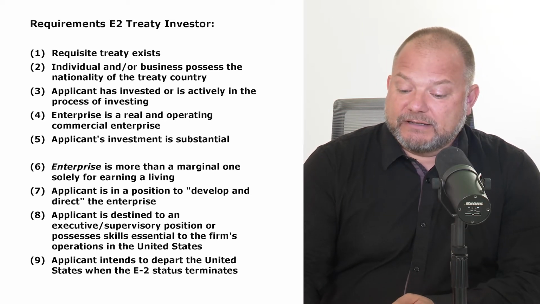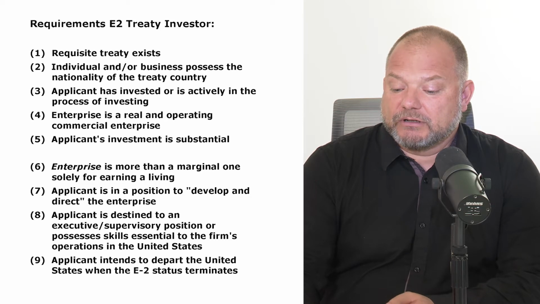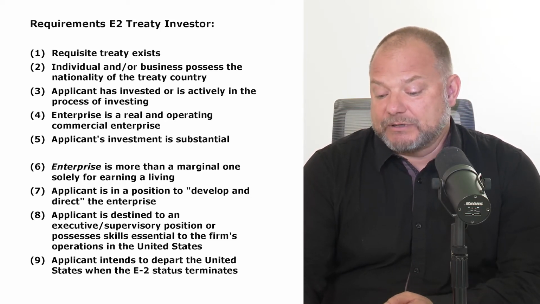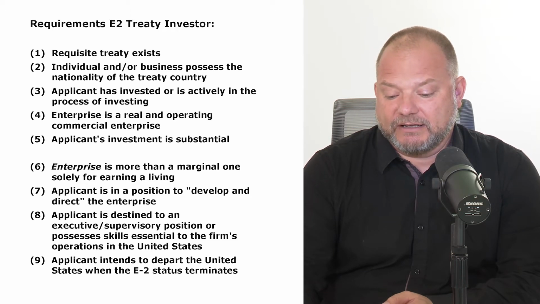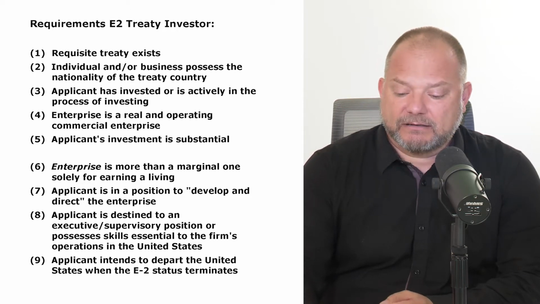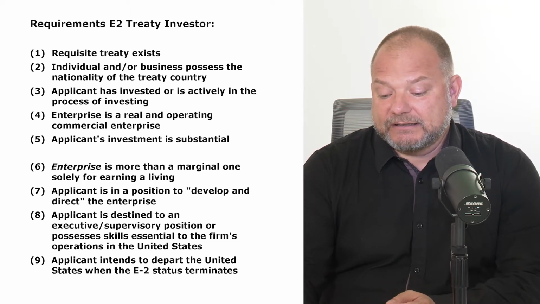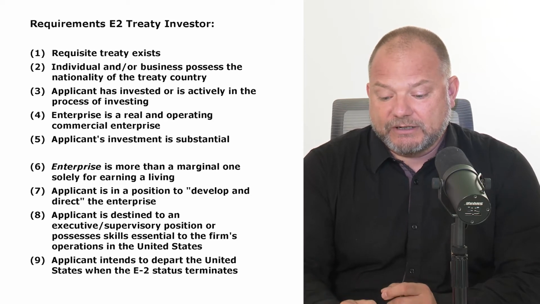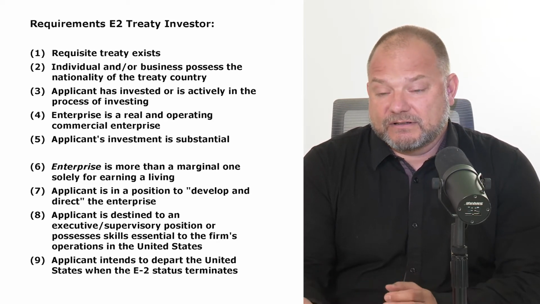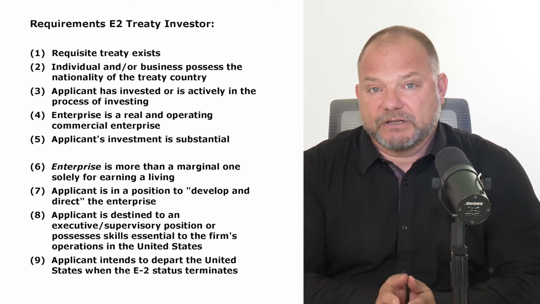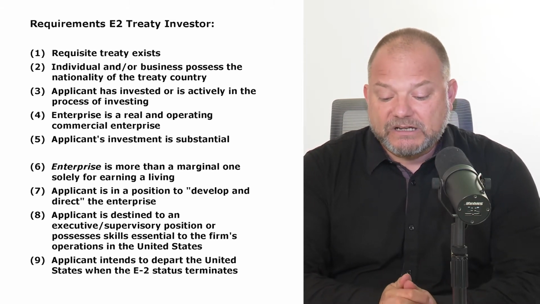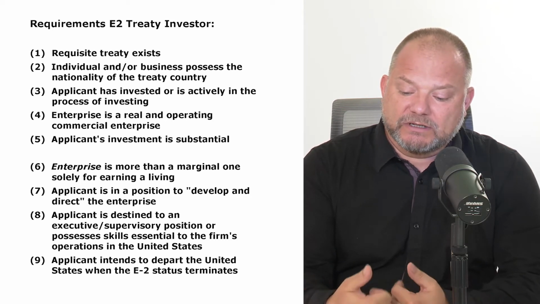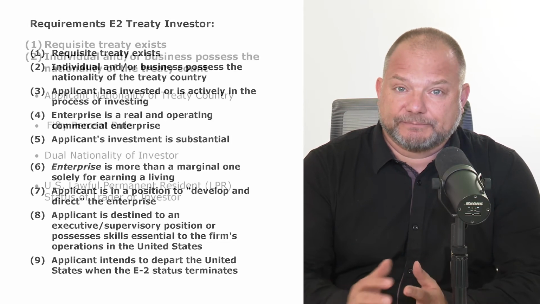Sixth, the enterprise is more than just marginal, only solely for earning a living. 7, the applicant is in a position to develop and direct the enterprise in the US. 8th, the applicant is in an executive or supervisory position or possesses certain skills that are essential for the business in the United States. 9th, the applicant intends to depart from the United States once his visa status terminates.